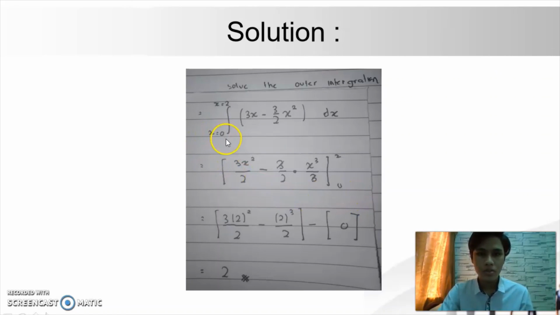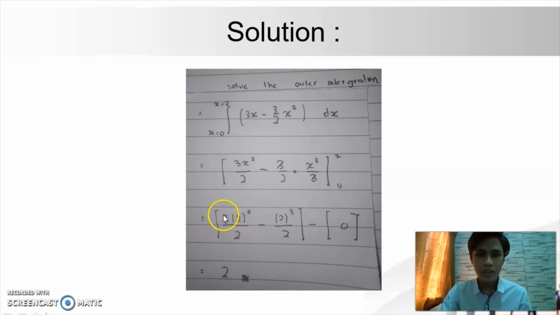From x equal to 0 to x equal to 2, we simplify from the previous equation. Then it becomes 3x squared over 2 minus 3 over 2 multiplied by x cubed over 3, from 0 to 2. Then we can simplify by cancelling 3.